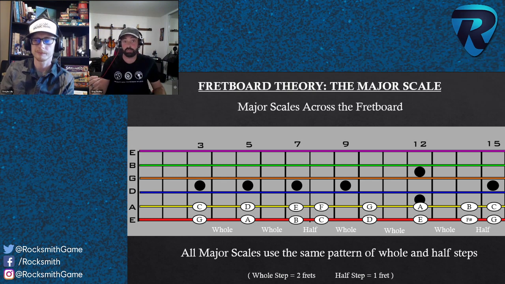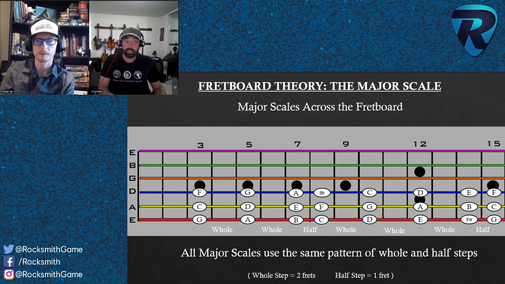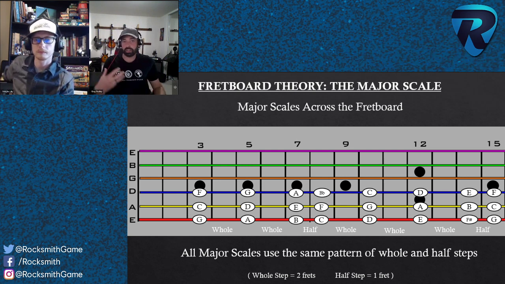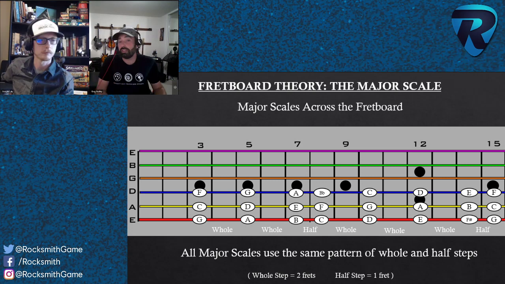But still, it's the same pattern. If you take it a string higher than that, you get an F major scale. So the idea being, it doesn't really matter what note you start on. If you think about this not as necessarily in a key, but just as a pattern, then that pattern can just repeat from whatever note you want to start on.